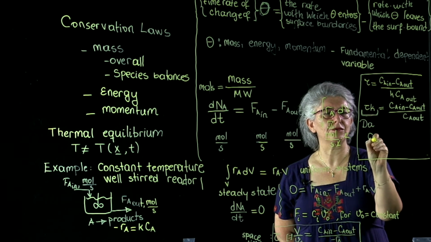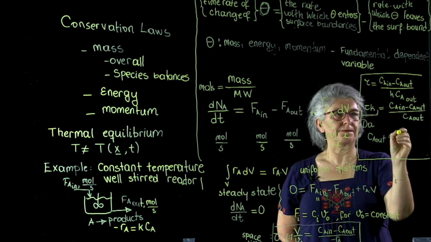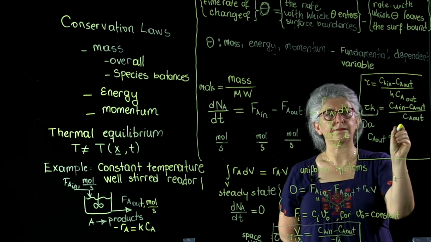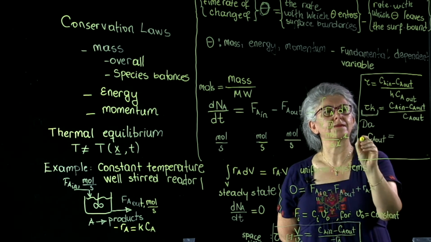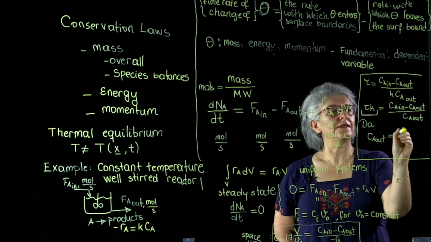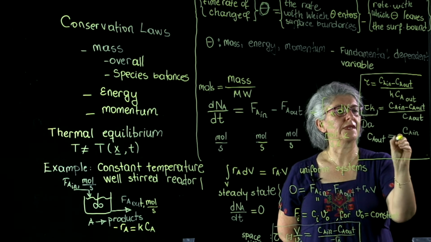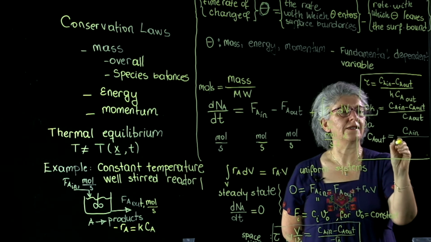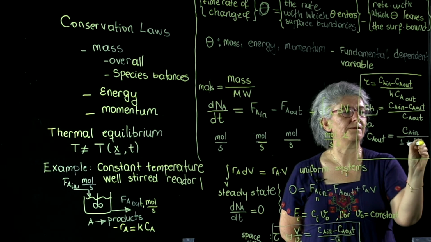CA out is CA in divided by 1 plus tau K.